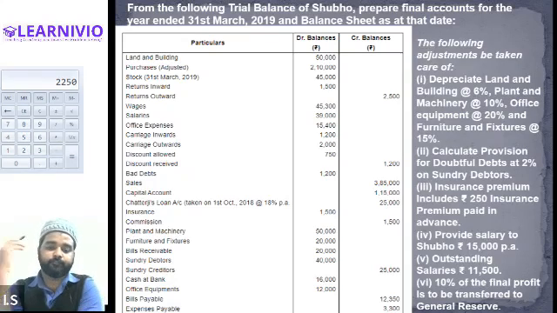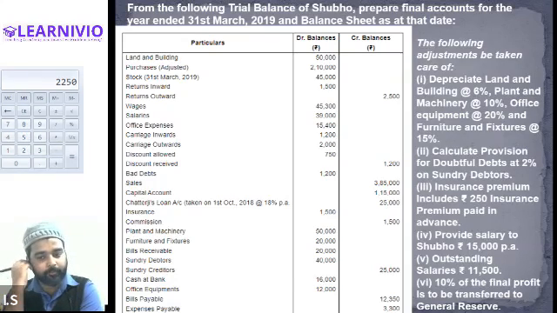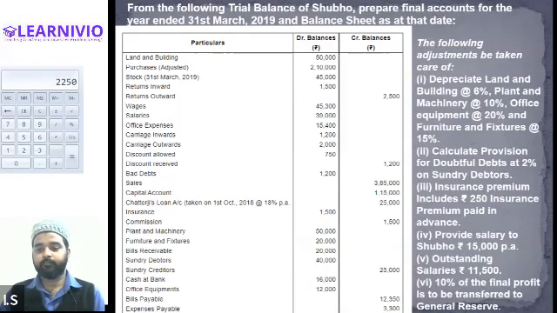Then we have office equipment. I think there is an adjustment regarding depreciation for office equipment. We need to charge depreciation at the rate of 20%. So please calculate 20% of 12,000.